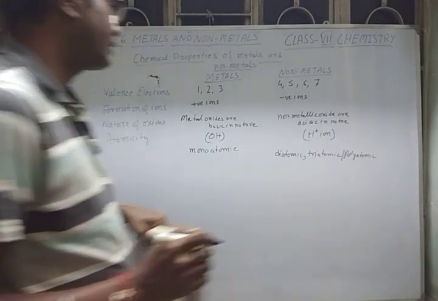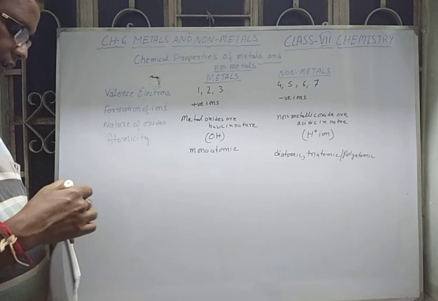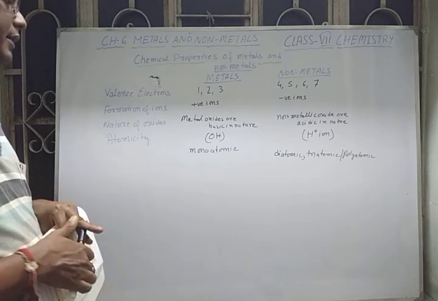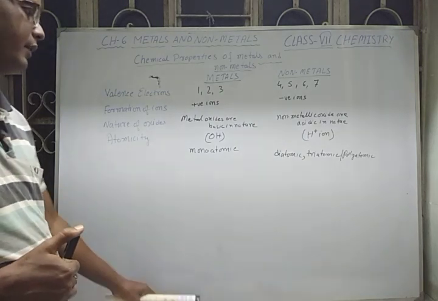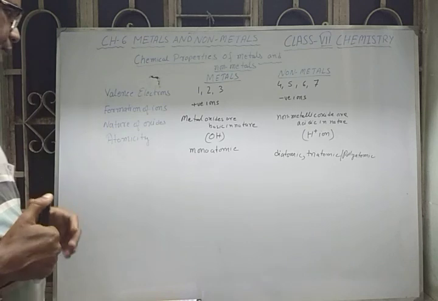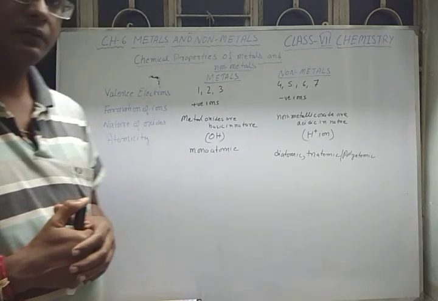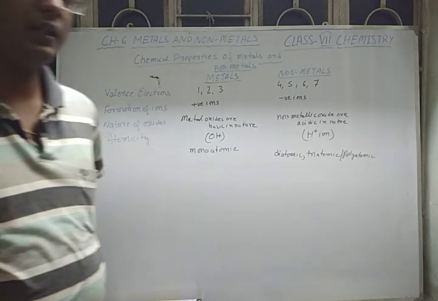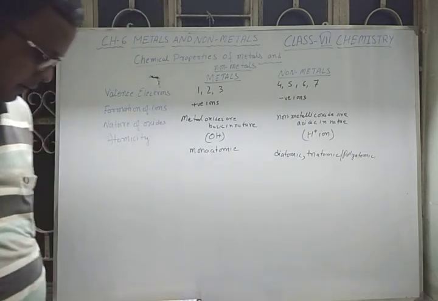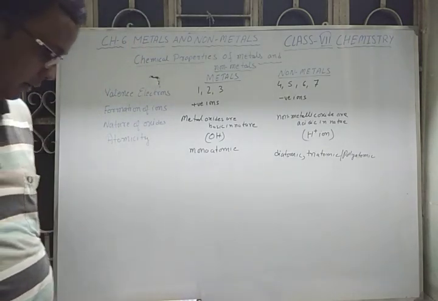Okay, in this way we can see the metals and non-metals have their differences on the basis of chemical properties.